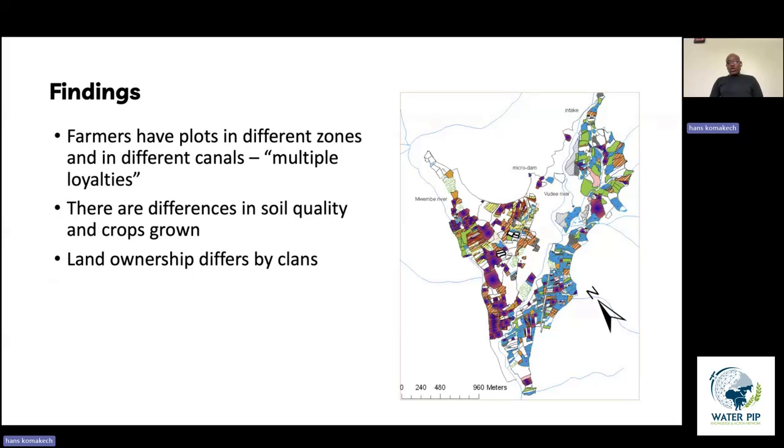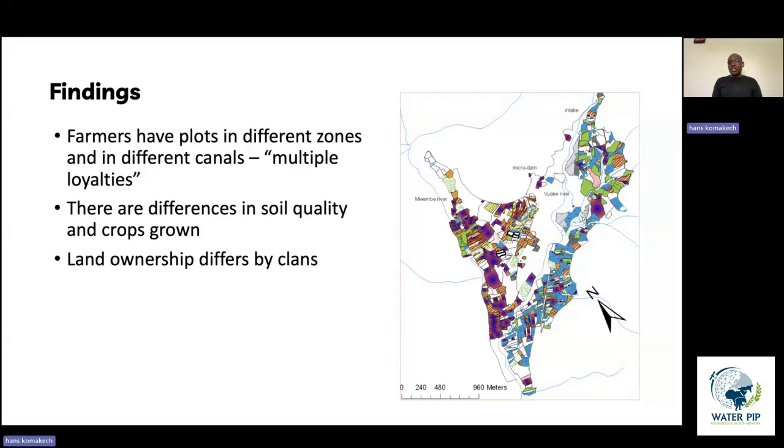So we looked at it based on the data set, especially for land ownership. I've introduced in the right map some aspects that you may notice: I've added another canal on the right, just for illustration, in that there are different zones and farmers have plots in those different zones. So no one has plots in one location; you have small plots everywhere.